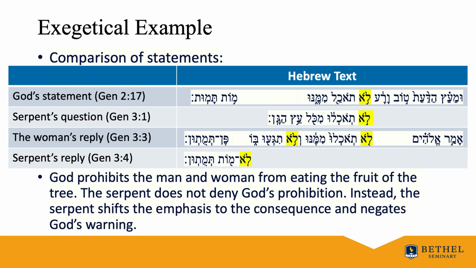What's interesting in this passage is that God prohibits the man and woman from eating the fruit of the tree. The serpent does not deny God's prohibition. Instead, the serpent shifts the emphasis to the consequence and negates God's warning.